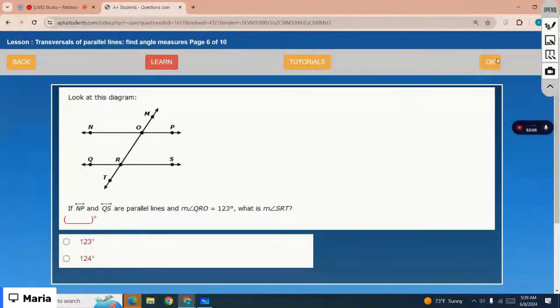The correct option is 123 degrees. Option number 1 is the correct option.